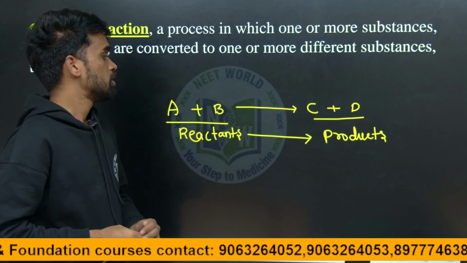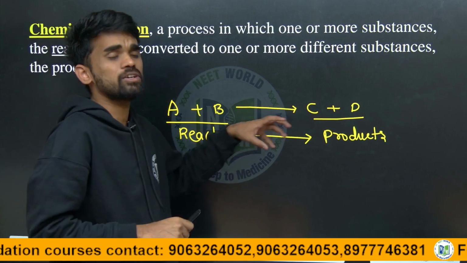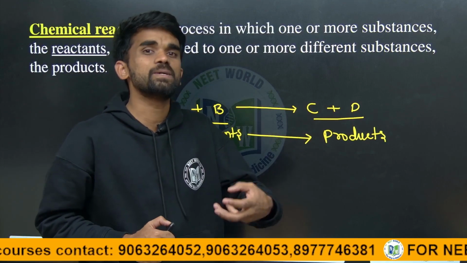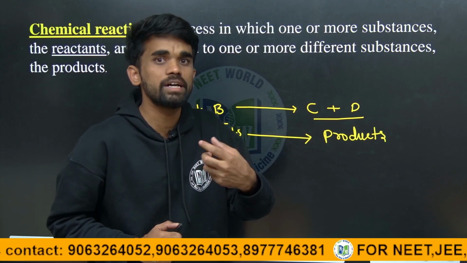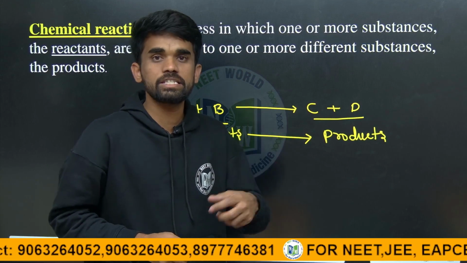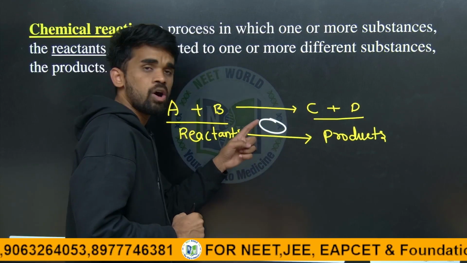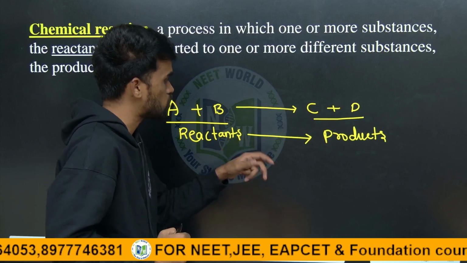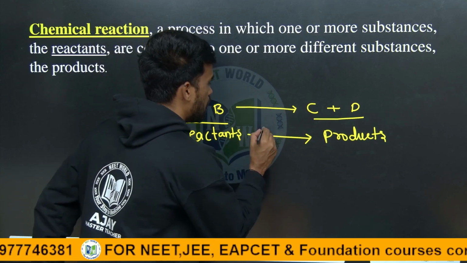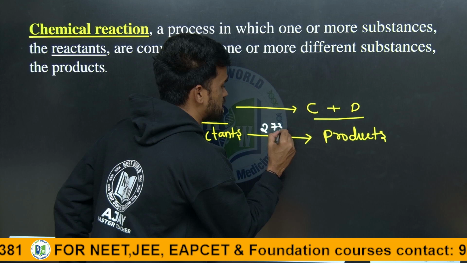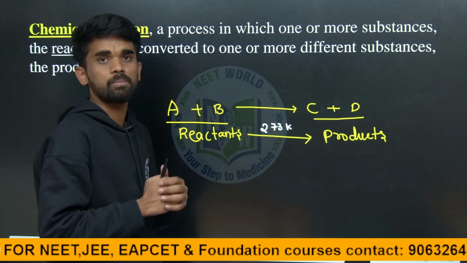Okay, fine. So now for this particular process, if we use any specified condition like a particular temperature or some heat is required, we can represent it on this arrow mark, above or below. For example, if this process requires a particular temperature, something like 273 Kelvin, we have to represent it over here.